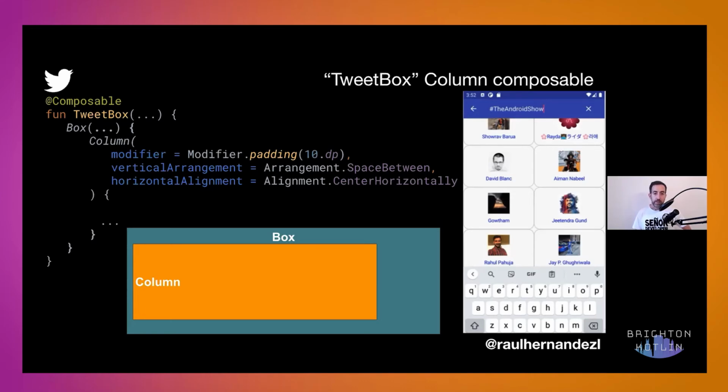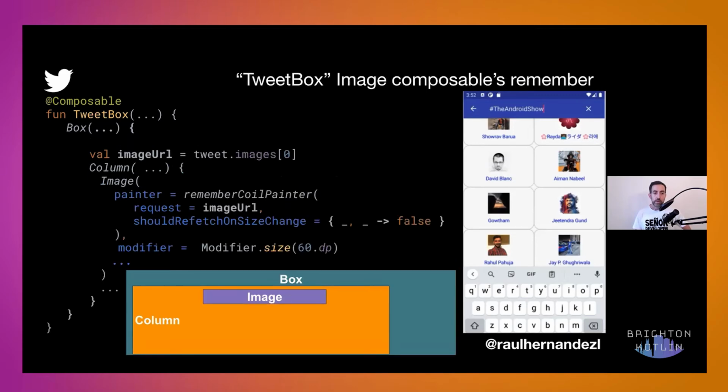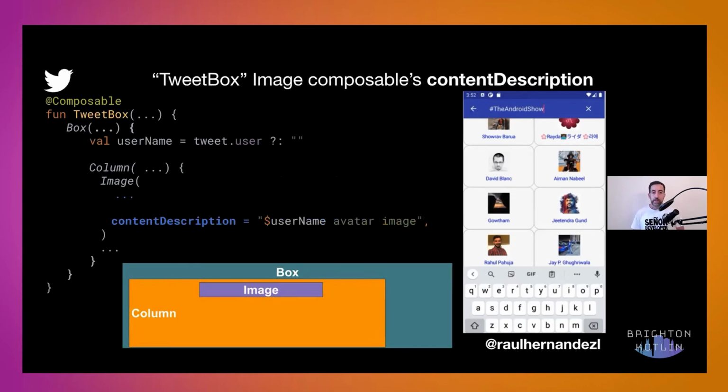And the first element that we use is actually the image. So the image is containing the URL, because probably we don't want for every recomposition to load the URL again and then load the image. We can just use the operator remember coil painter from the library, and this will keep the URL for us. Then also super interesting and important, content description, because we are developing for everyone and accessibility matters.